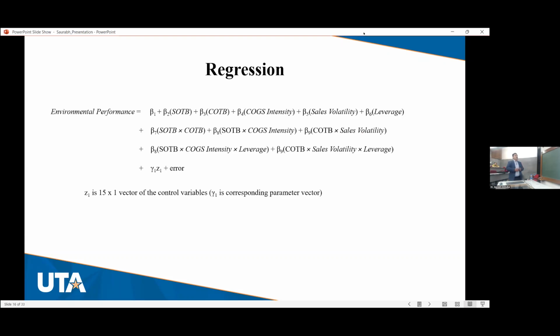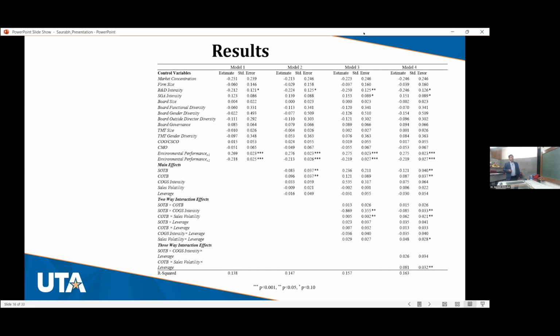So a regression equation, which basically looks at the effect of SOTB and COTB on environmental performance and their interaction with the moderating variables. And so what we find here is that supplier on the board has a negative effect on the environmental performance, and the customer on the board has a positive effect on environmental performance.